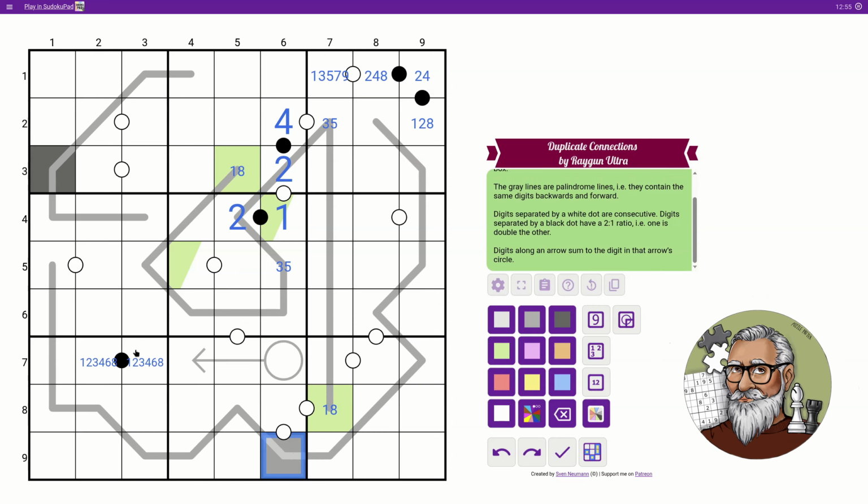Then I would need 8 here somewhere. It could be there. Okay, and if it's 1, then it's one of these. Of course, this one can be 1. Can this one be 1? No. That can't be this one. Oh, okay. If it's 1, then it has to be that. But I don't see a problem with that.